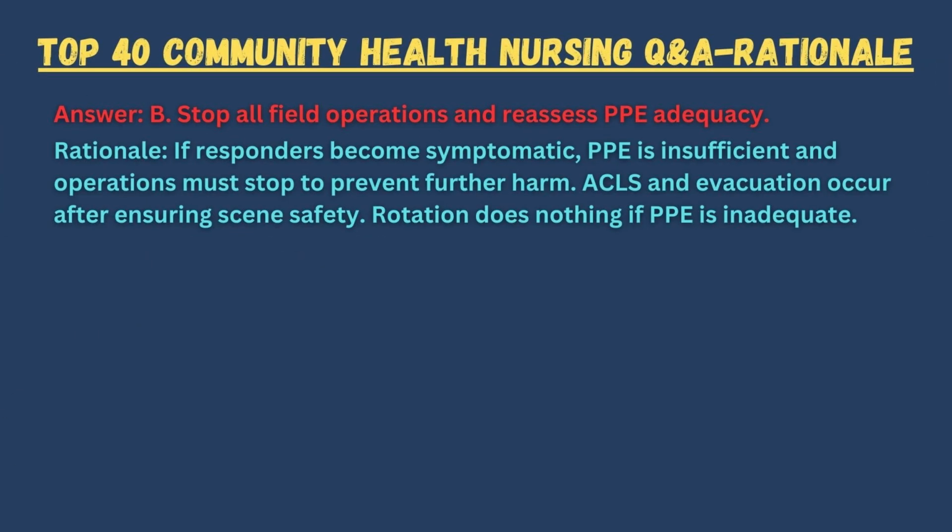Answer: B. Stop all field operations and reassess PPE adequacy. Rationale: If responders become symptomatic, PPE is insufficient and operations must stop to prevent further harm. ACLS and evacuation occur after ensuring scene safety. Rotation does nothing if PPE is inadequate.